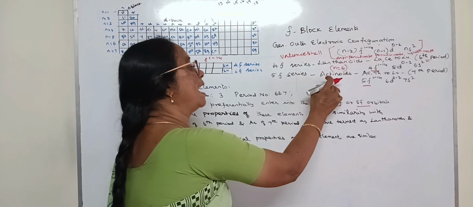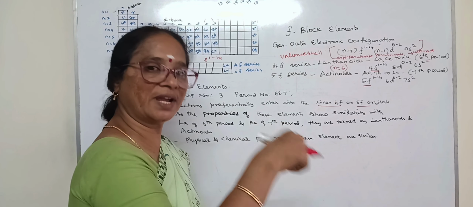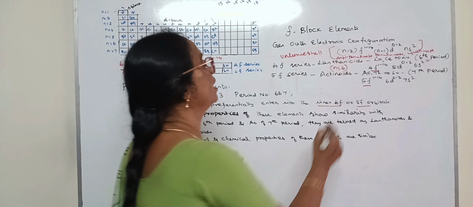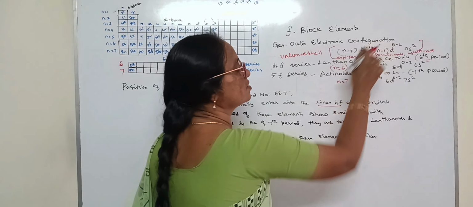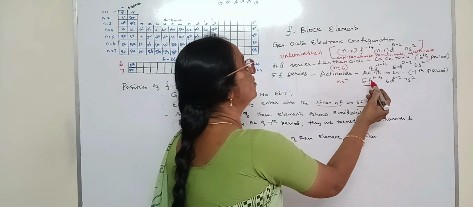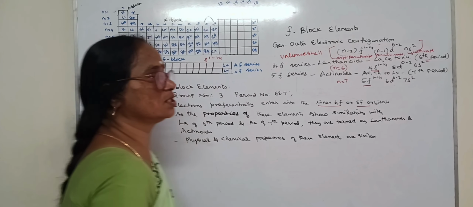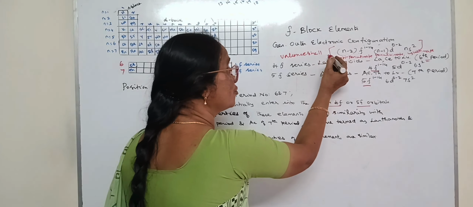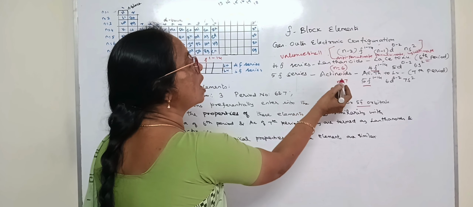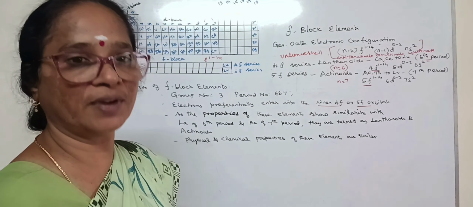Similarly for actinides, where the differentiating electron enters into the 5f orbital, here n becomes equal to 7. Substitute in this general electronic configuration, we will get 5f 1 to 14, 6d 0 to 2, 7s2. So these are the general outer electronic configurations of F block elements. These two are the general electronic configurations of the 4f series and 5f series.